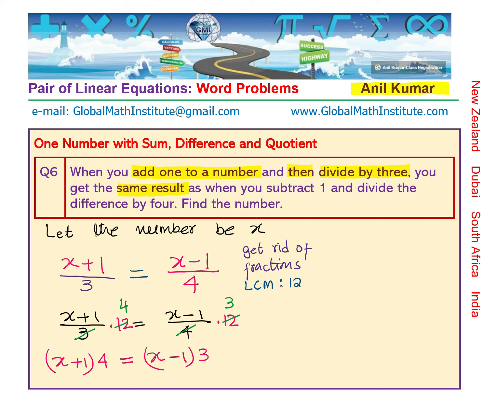So let's open the bracket. Okay, great. I prefer to solve a question on one page. So we get 4x plus 4, when we multiply this 4 with these two numbers, equals 3x minus 3.